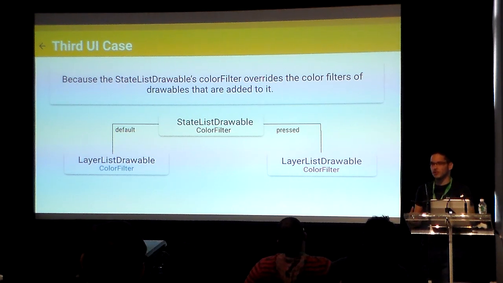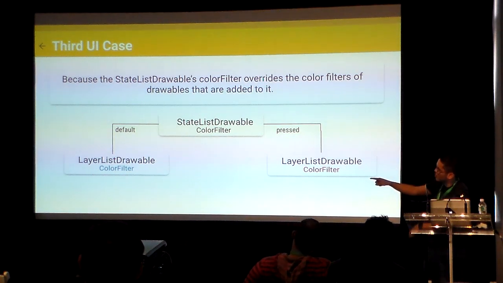Because sometimes you just want to show an icon on an image with a different color set. But for our case, it's a stateful drawable that is going to have different colors in the pressed state and in the normal state. And the problem is, what do we have? We have two layer list drawables that are going to be inside the state list drawable.